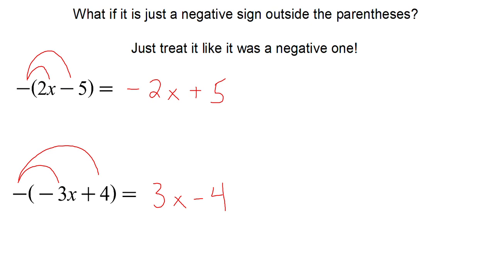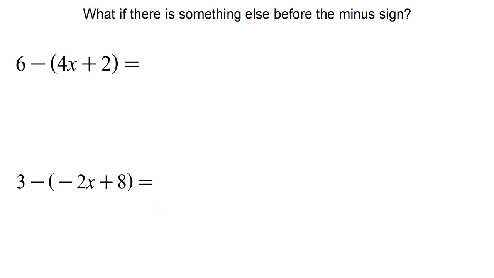Now, while you may see that on occasion, what's more likely to show up and what is likely to trip up some students is when it is 6 minus an expression in parentheses, or 3 minus an expression in parentheses. Where we have some number, it might be a constant, it might be a variable expression, and then minus a bunch of things in parentheses.